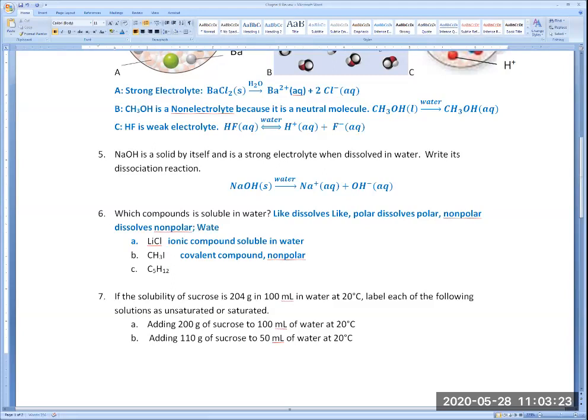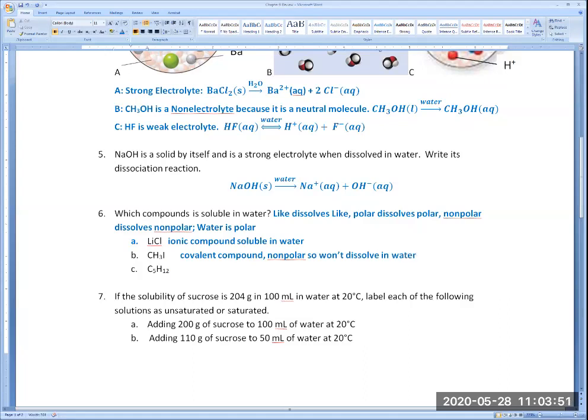Yes, water is polar, which means polar dissolves polar, so it will dissolve if it is polar. But here we decided CH3I is nonpolar, so it won't dissolve in water. They will not dissolve well together.